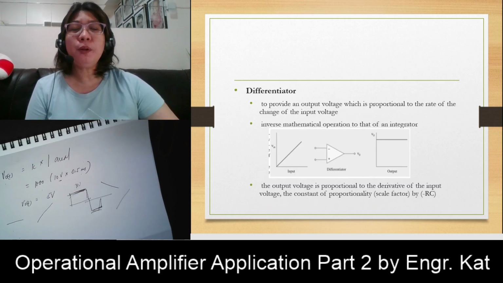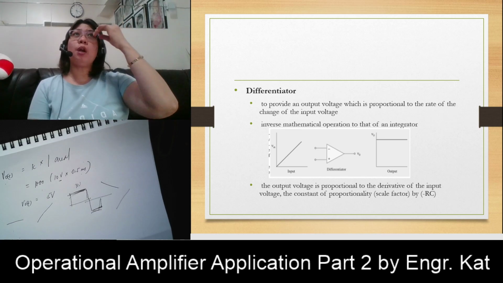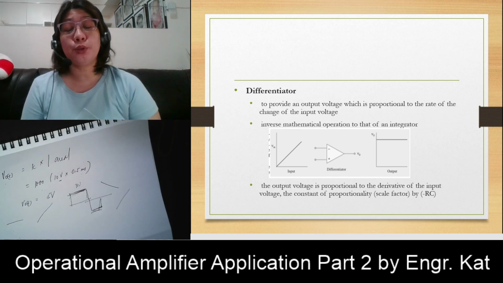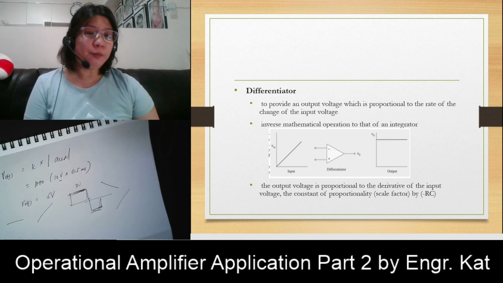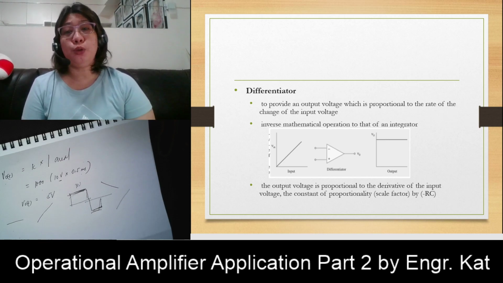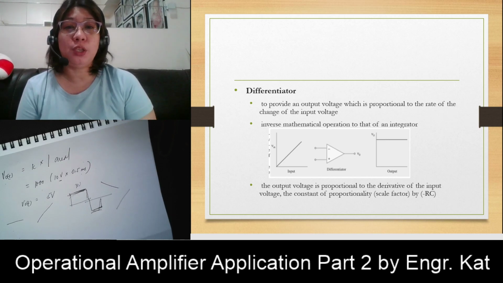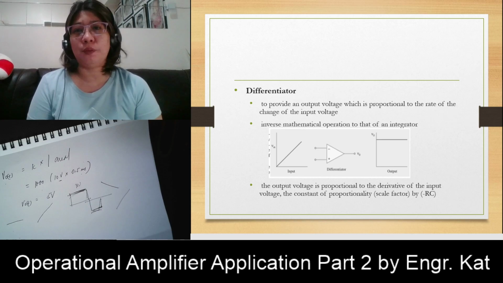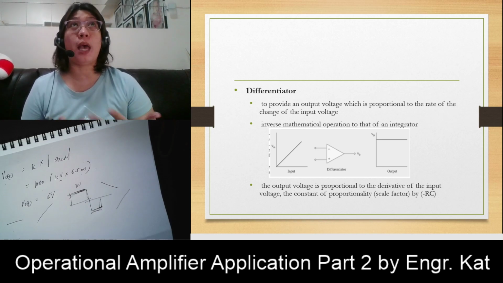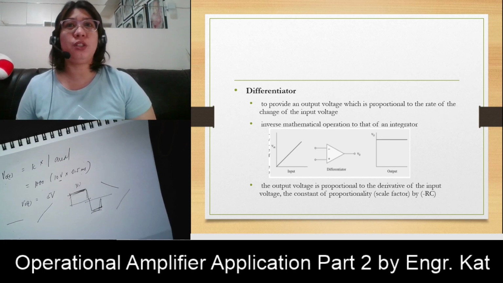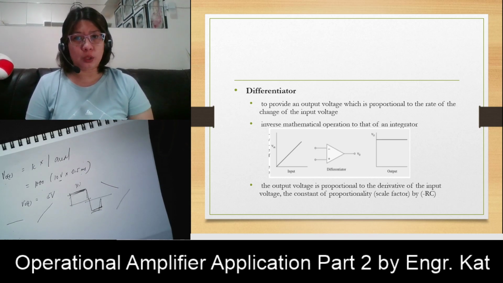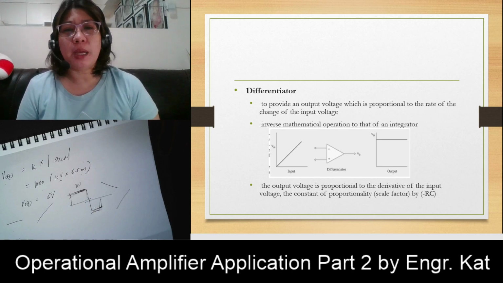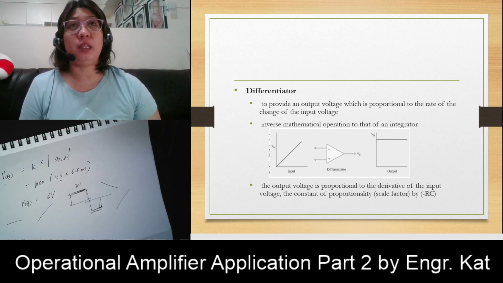So, aside from an integrator circuit, your op-amp can also operate as a differentiator. Now, what does a differentiator do? Your differentiator is used to provide an output voltage which is proportional to the rate of change of the input voltage. Actually, your differentiator is just like the reverse of your integrator circuit, the inverse mathematical operation to that of an integrator.